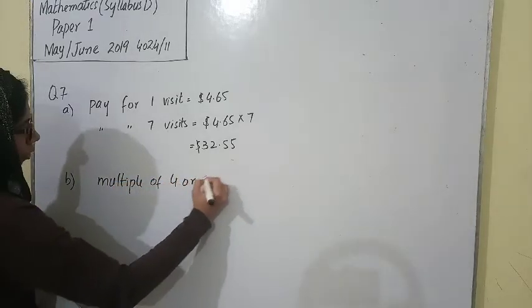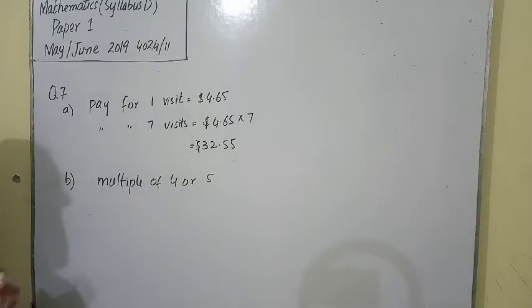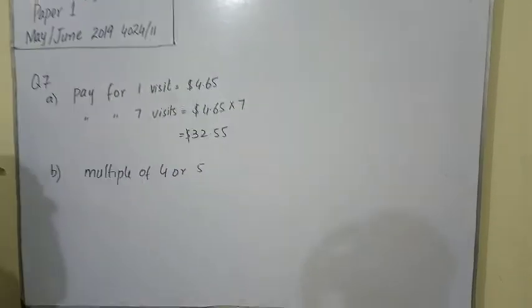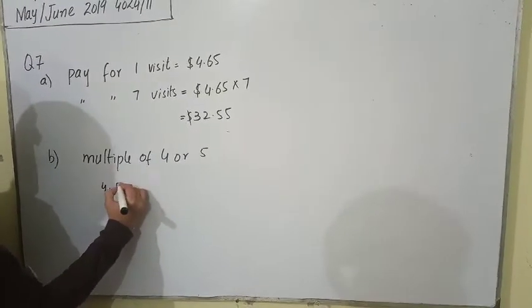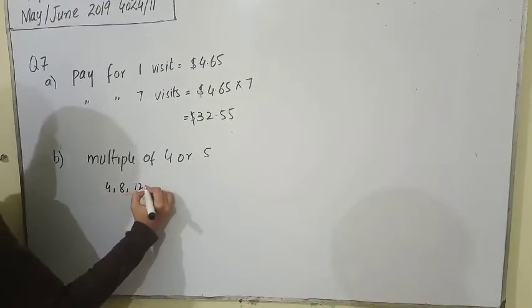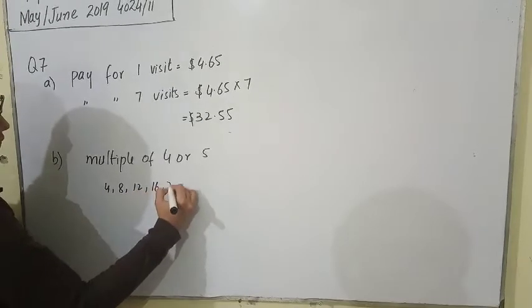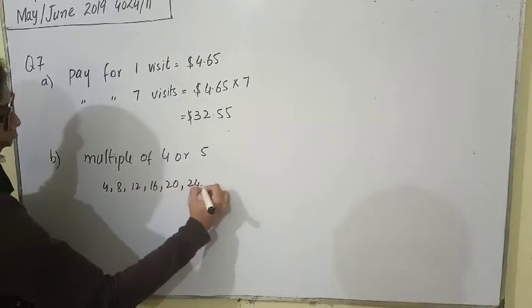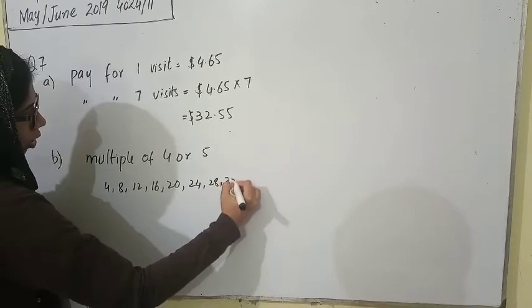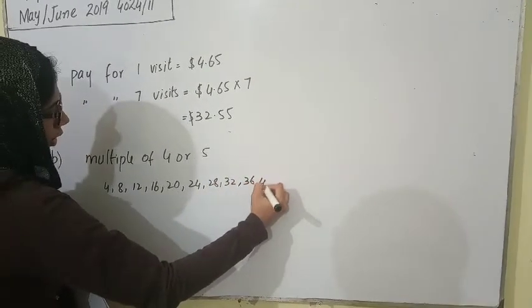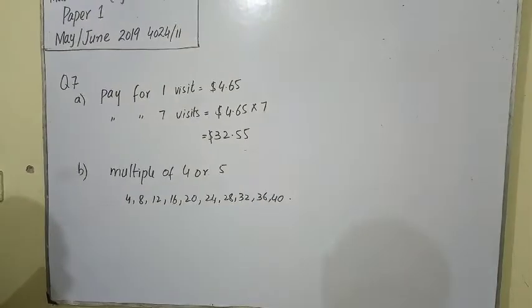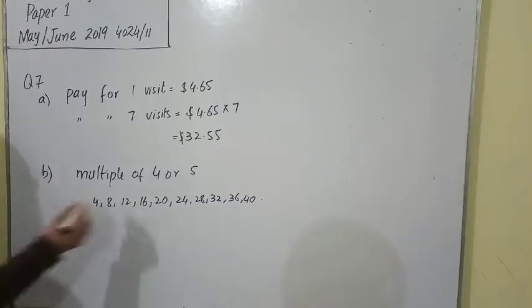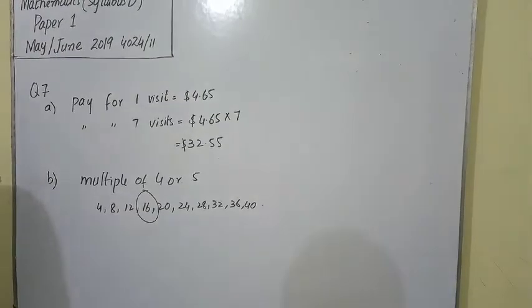So I will write the multiple of 4 because I have told you a person has 4 sides. So multiple of 4 will be 4, 8, 12, 16, 20, 24, 28, 32, 36 and then 40. So the number of lengths that she swims on her back is 16.